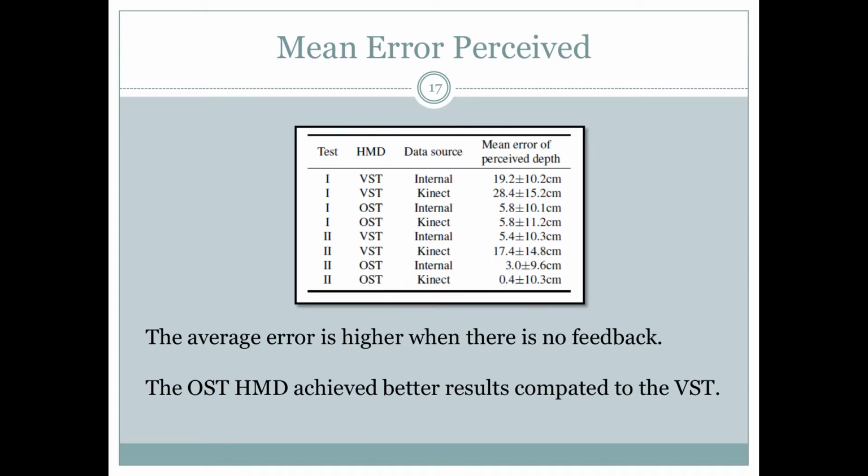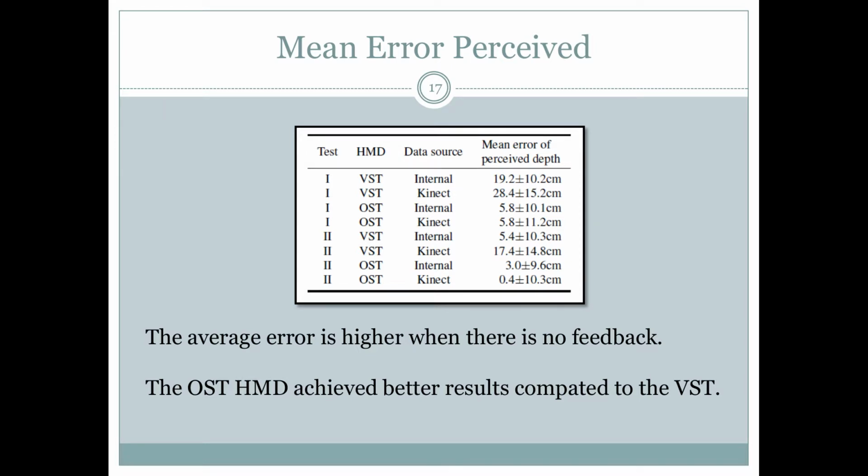And moreover, the Kinect data is showing even more underestimation. As you can see, the two data are misaligned, so it means that the internal registration of the data is also not perfectly overlapped with the real measures, because the Kinect was actually measuring even less.